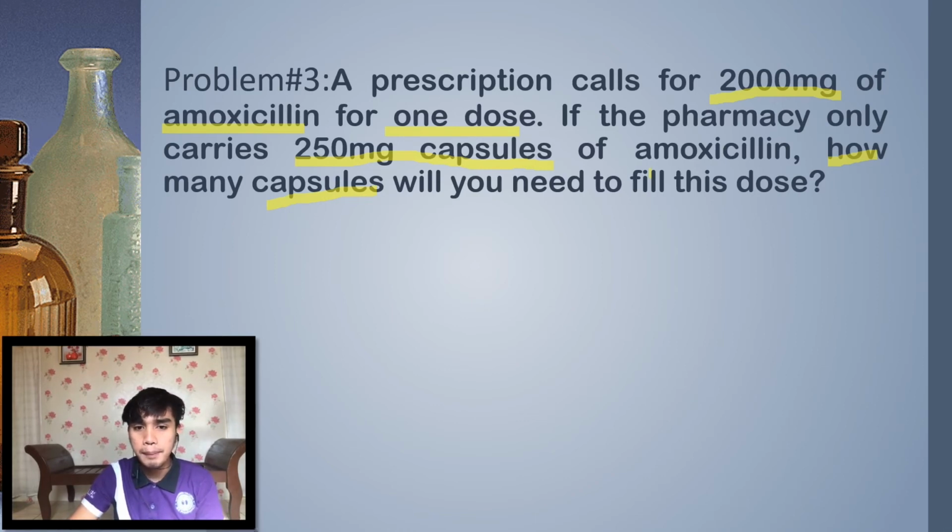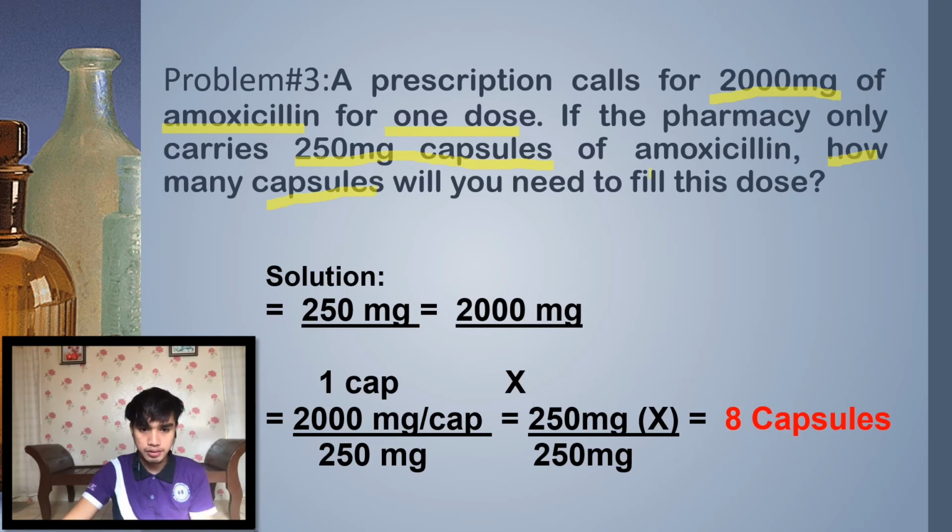So simply substitute the value given in a ratio and proportion format. So that will be 250 milligram over 1 capsule, equal to 2,000 milligram over X.